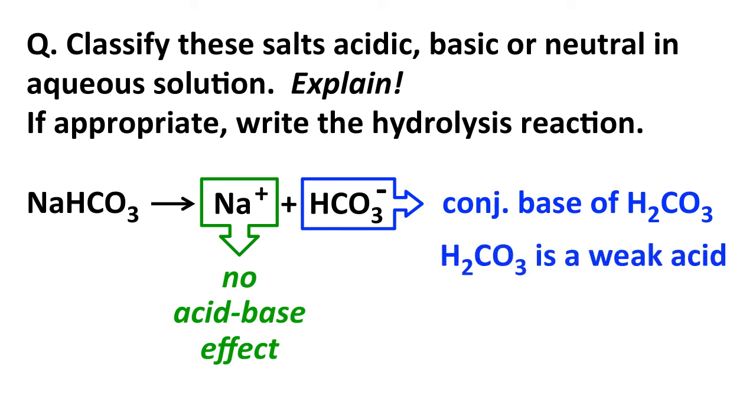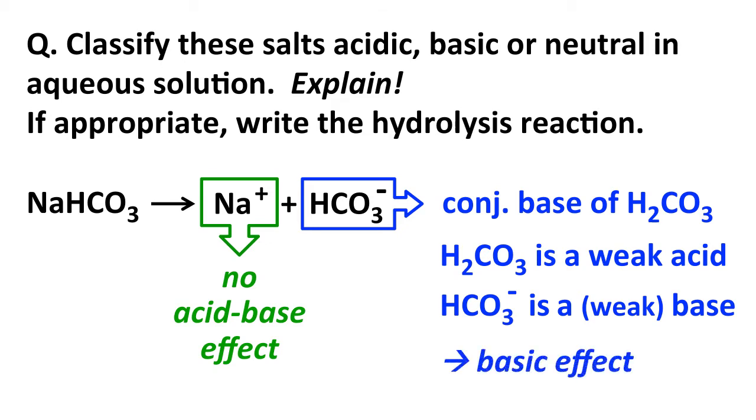And carbonic acid is a weak acid. Therefore, its conjugate base, even though it's also a weak base, is not completely weak like Cl minus is. And since it is not a completely weak base, it has some basic effect.